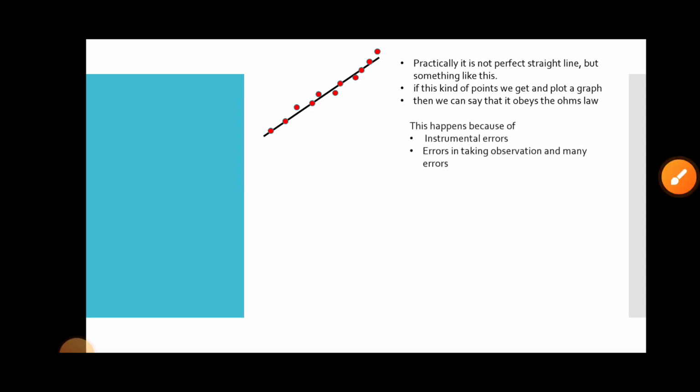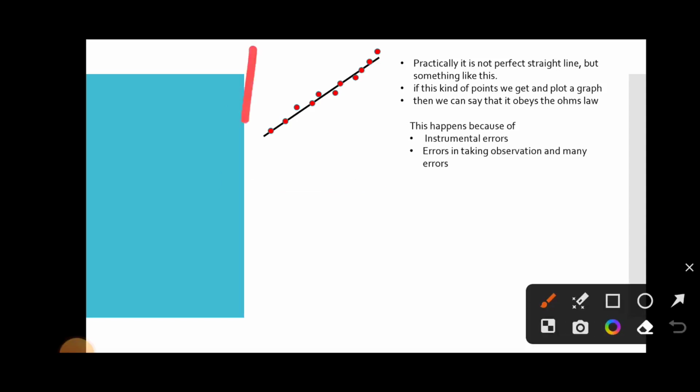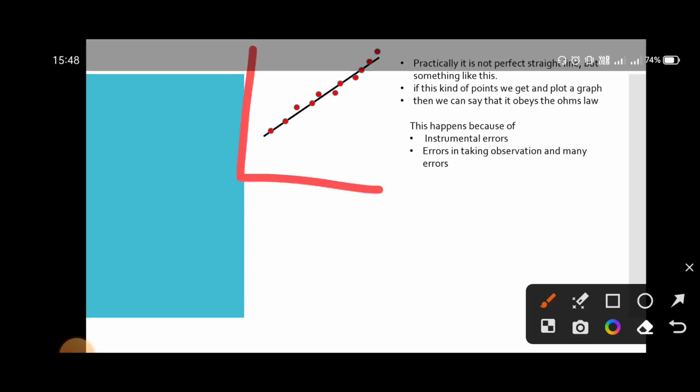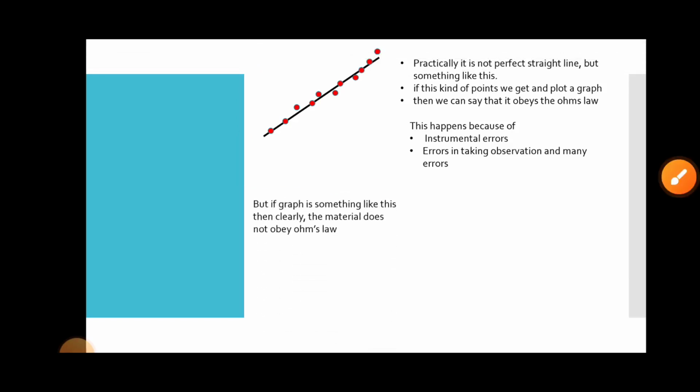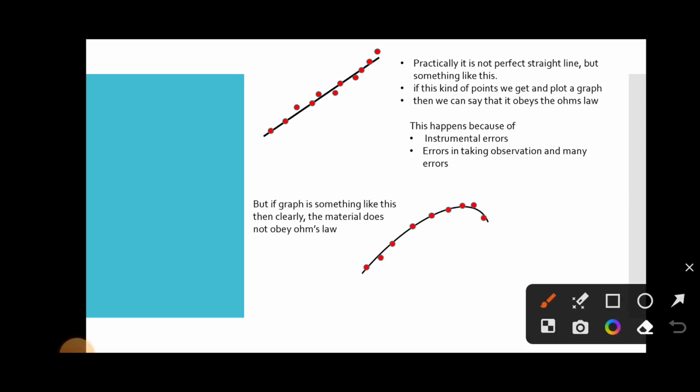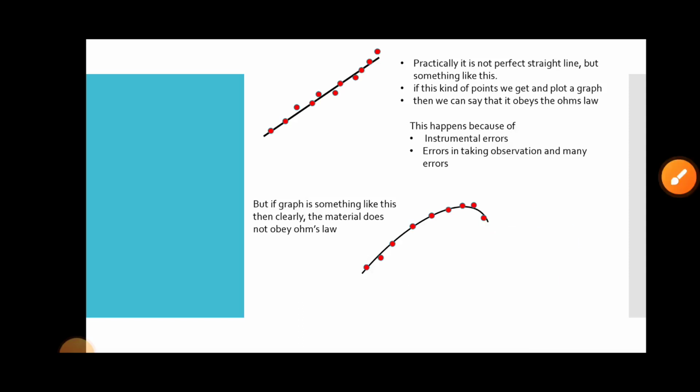This kind of figure is obtained because of instrumental errors in taking the observations, and many other errors. But if the graph is something like this, then clearly the material does not obey Ohm's law. Here, as we can see the curve in the figure, it is not obeying Ohm's law.